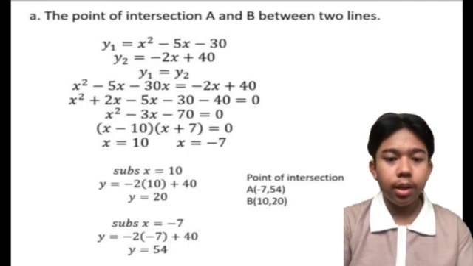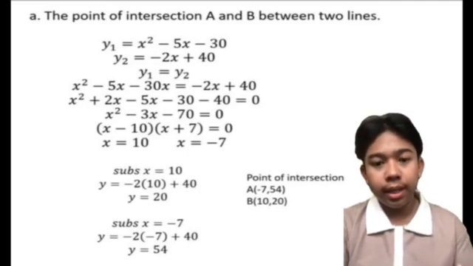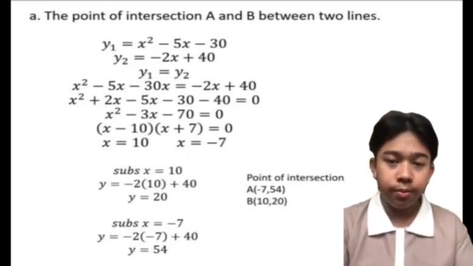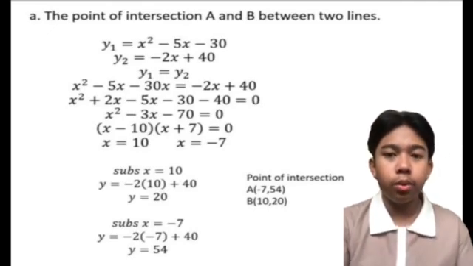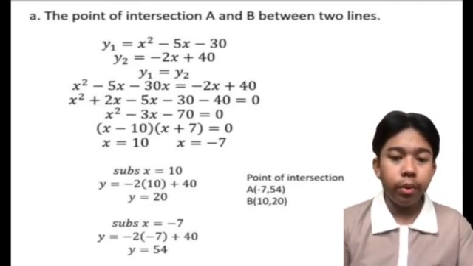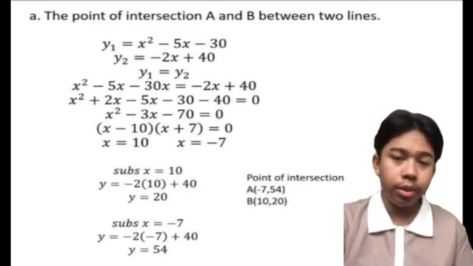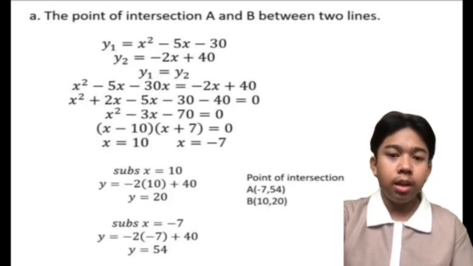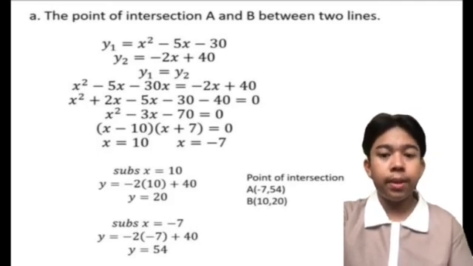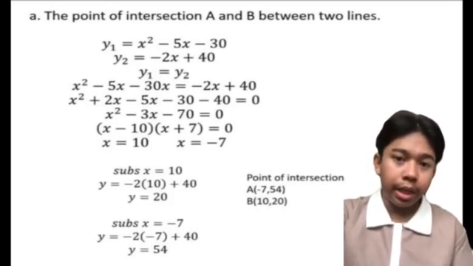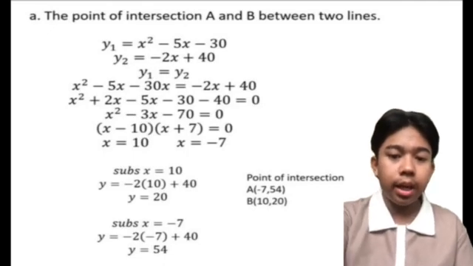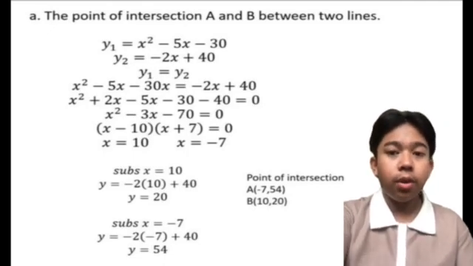After that, we will substitute the x into the first equation y1, and we will get y equals 20. We will do the same again on the second equation, which is y2. We will put negative 7 into the x, and we will get 54.